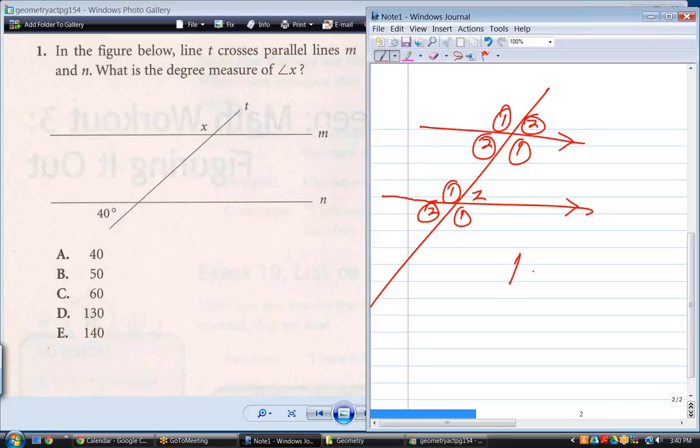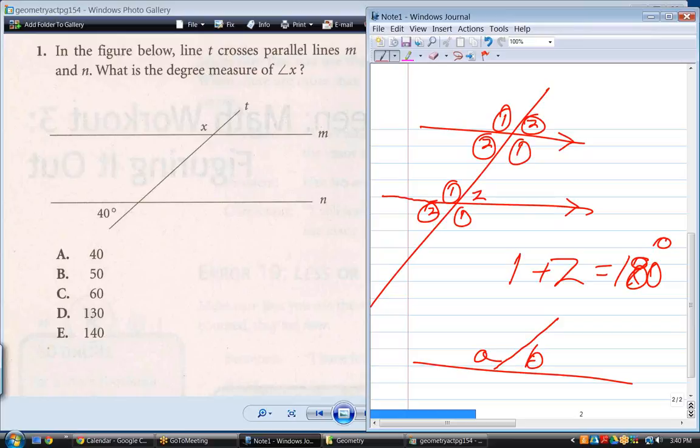And more importantly, 1 plus 2 equals 180 degrees. In other words, whenever you have a straight line like that, these two angles, A and B, are always supplementary, meaning they add to 180 degrees.